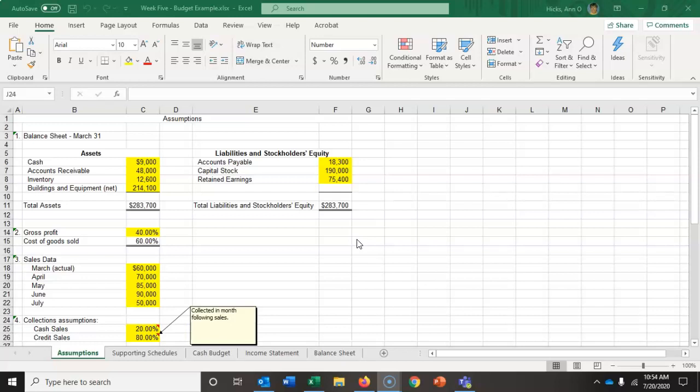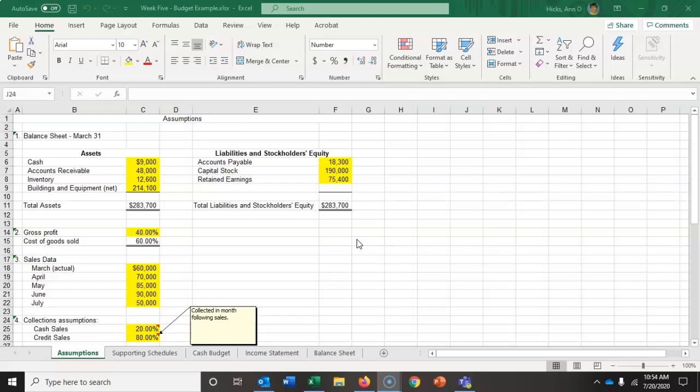A cash budget, which will outline for us what our cash flow is, in this case on a monthly basis, because we need to understand our cash flow on a monthly basis so that if we are short or if we have excess, we can plan accordingly in terms of how we're going to address that.